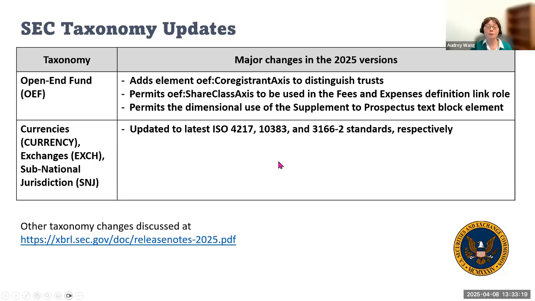Finally, for the taxonomies that are based on ISO standards, we made substantive changes to the currency, exchanges, and subnational jurisdiction taxonomies to align them with the latest version of the respective ISO standards. There are also other minor changes that I won't cover, but I encourage everyone to take a look at the latest release notes at the URL provided here.